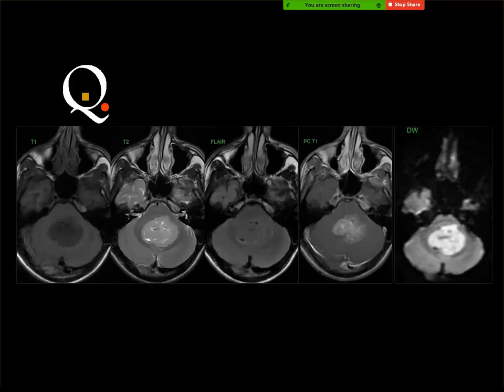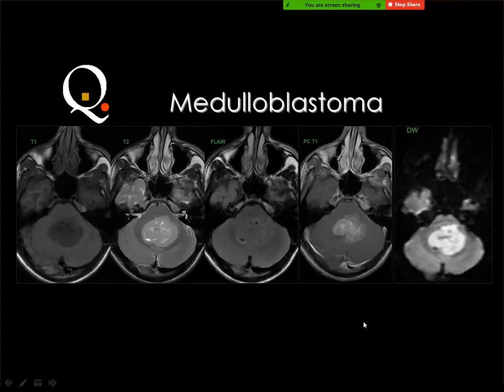Medulloblastoma of the fourth ventricle. Medulloblastoma, yes, and this is right. This is a medulloblastoma because of the diffusion restriction. And you know that medulloblastoma is considered the only midline posterior fossa tumor which shows diffusion restriction.